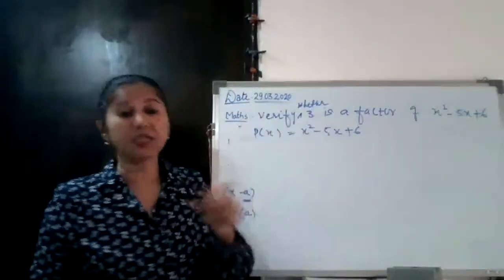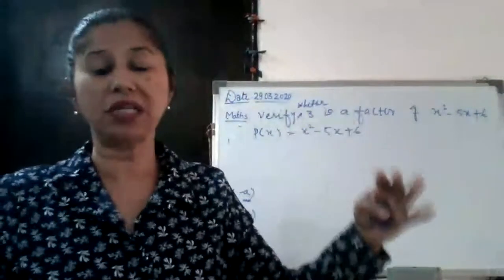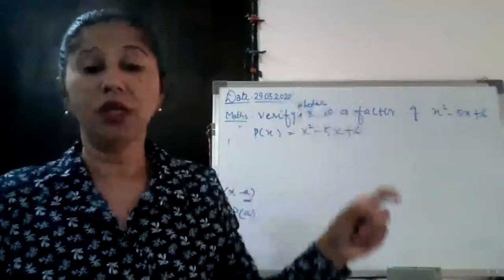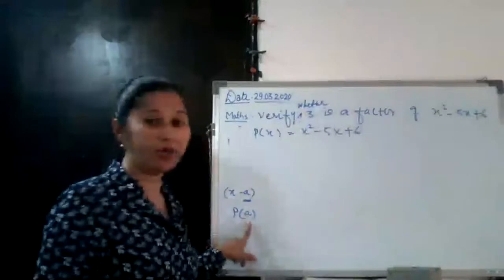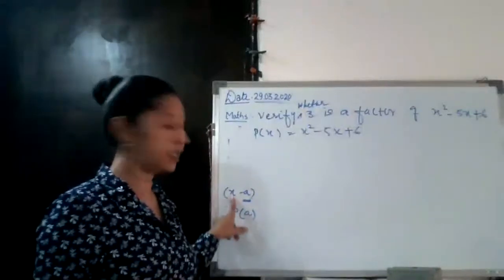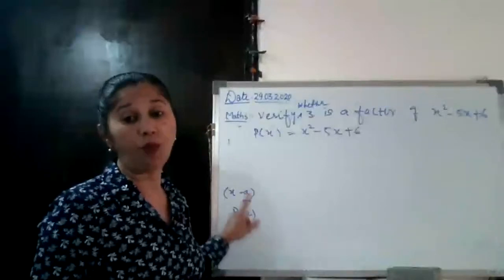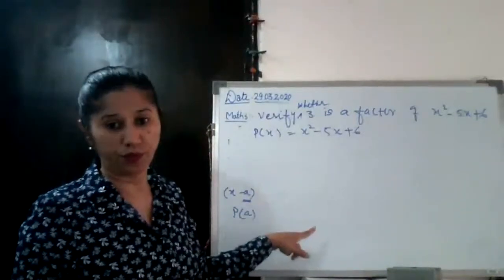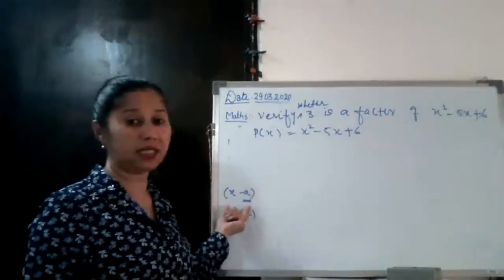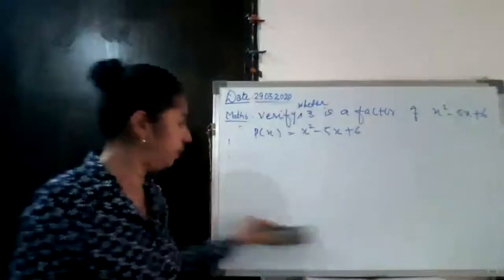So that comes as the remainder. Instead of doing the whole division, I hope you remember your class 9 concept, the shorter way is you substitute the value, when it deals with a binomial. So when x minus a is a binomial, then p of a gives you the remainder. And when this p of a comes 0, x minus a is a factor. So we are going to make use of the same class 9 concept here.